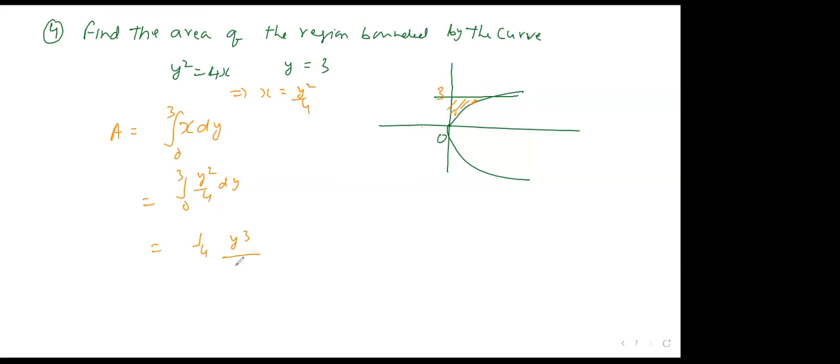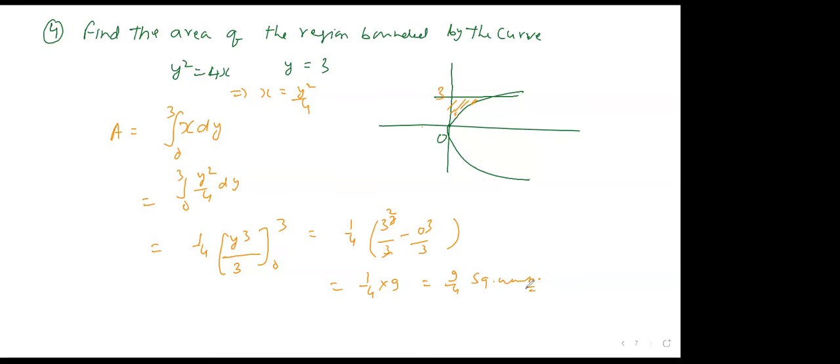The integral of y square is y cube over 3. So 3 cube over 3 minus 0 cube over 3. So this will be 1 over 4 times 9. So 9 by 4 square units will be the answer.